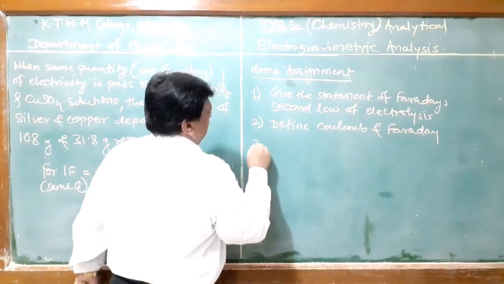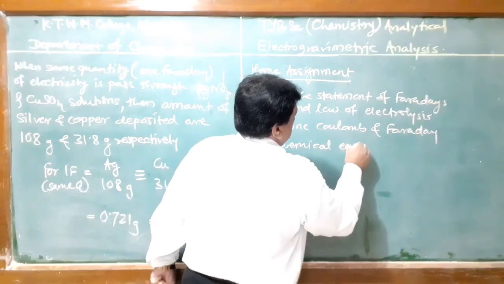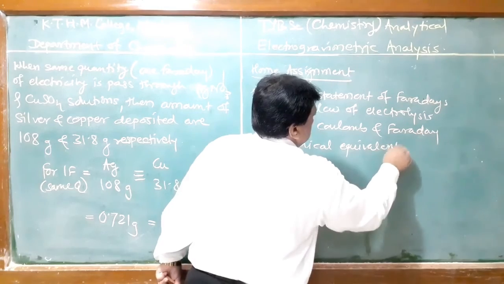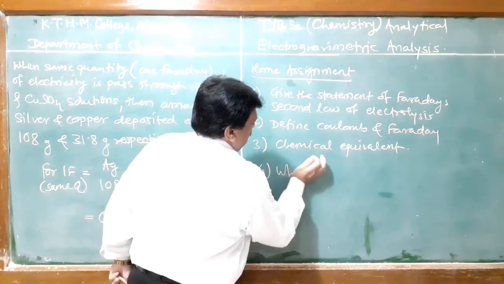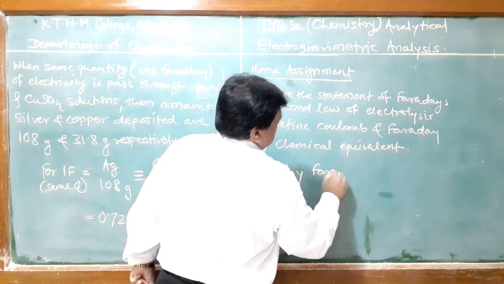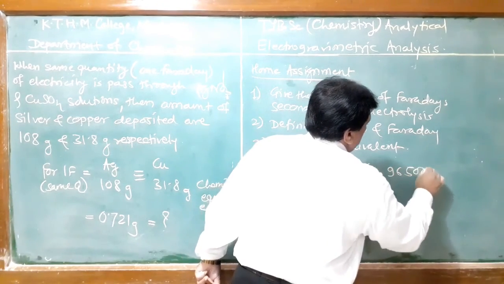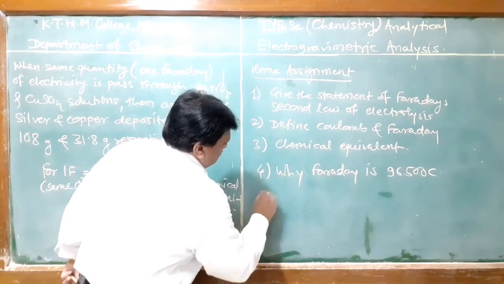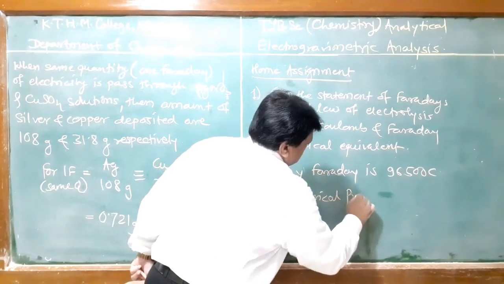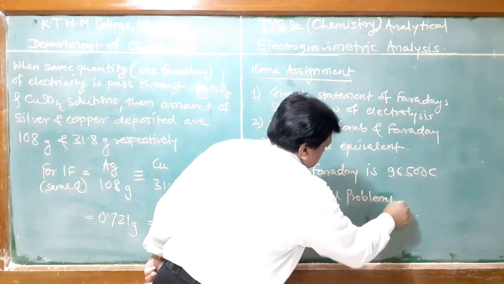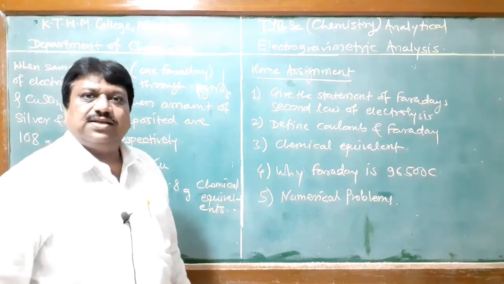Third: define chemical equivalent. Number 4: why is Faraday 96500 coulomb? And similarly you can solve numerical problems based on Faraday's second law of electrolysis. Student, with this we stop here.